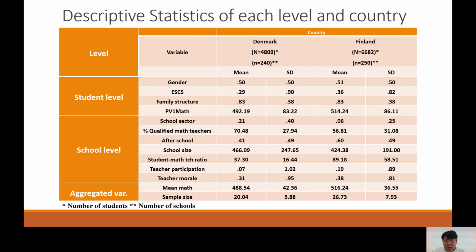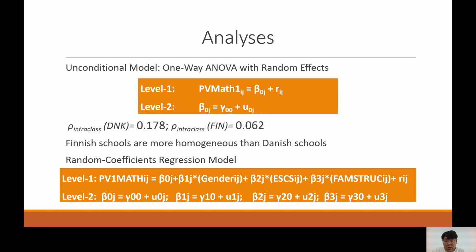And teacher participation and teacher morale, these are our main variables of interest in this study. As we conjectured, teacher participation and teacher morale in Finland were higher than in Denmark. So this is our statistical model.